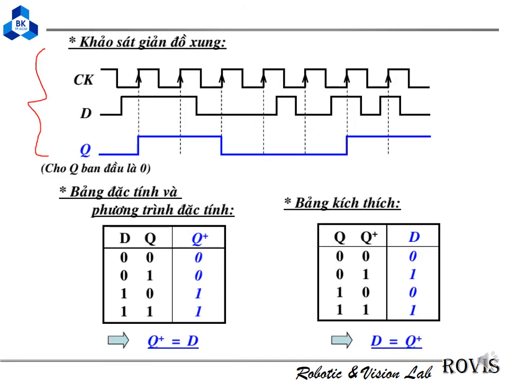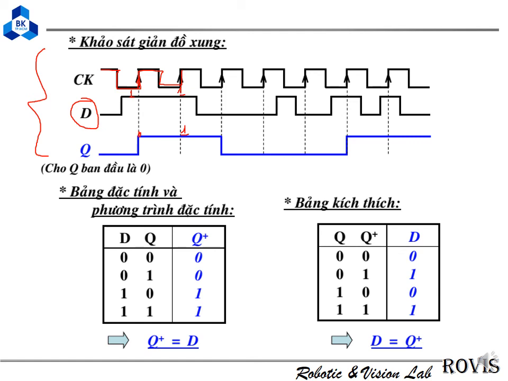You can follow it here. For example, this is the clock input into the flip-flop, and this is the state of D. So when D equals 1, Q becomes 1 when the clock is active. Here the example is similar, D is active.